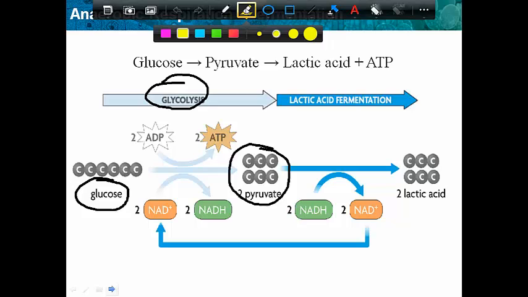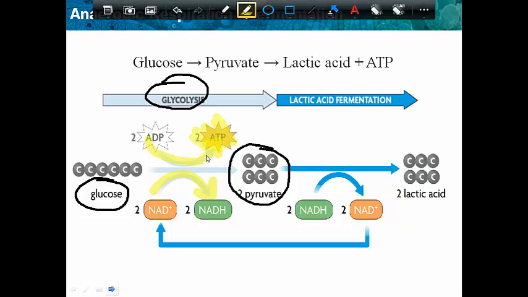On the way from glucose to pyruvate, remember we changed 2 ADPs into ATP, and we changed 2 NADs into NADH. This ATP value is the net value of ATP. Remember, we actually make 4, but we use 2, so it's a net value of 2 ATP that are actually produced in this process of glycolysis.